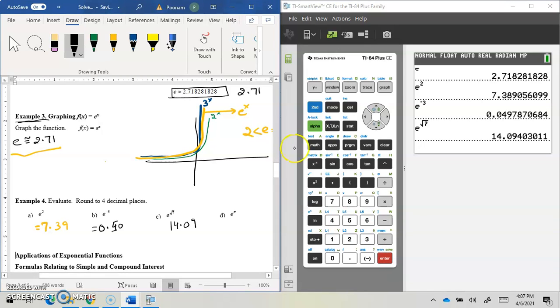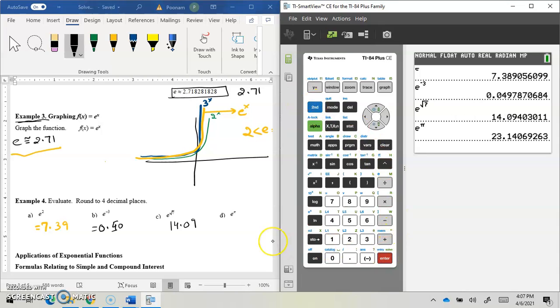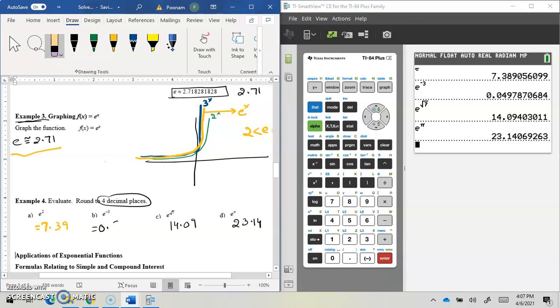The last one is e raised to power pi. Second, e, pi is here. Second, pi, this number is 23.14 approximately. So using a calculator, you can find. Oh, they are asking you to write 4 decimal numbers, so you can do that.